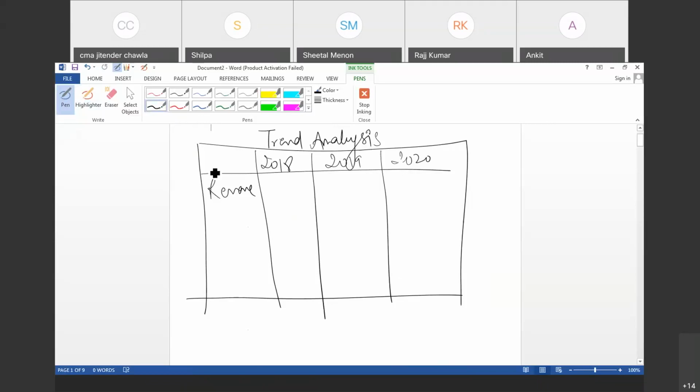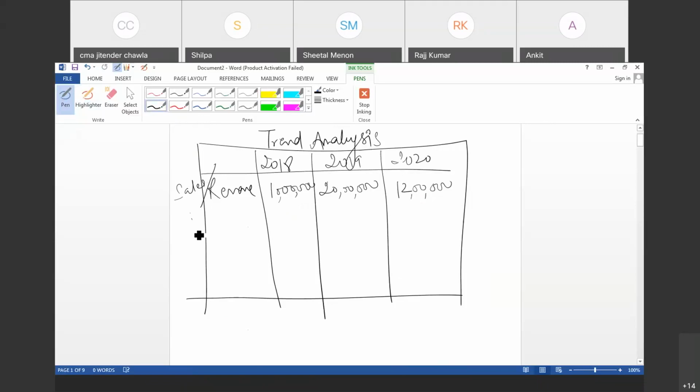Revenue or sales, say 1 lakh rupees, 10 lakh rupees, for example, then 20 lakh, then you have 12 lakh.